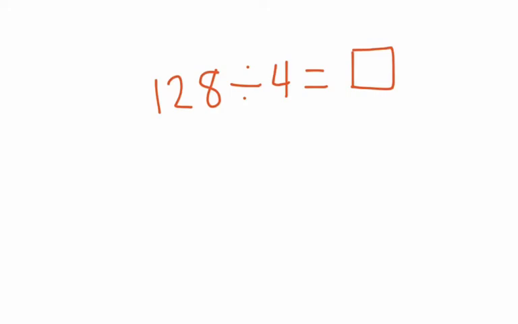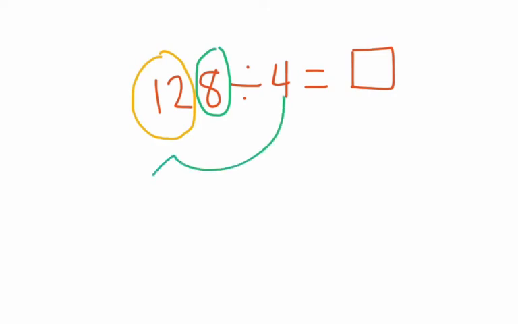So I can see right here that I have 12 and I have 8. So I'm going to ask myself, how many times will 4 divide into 12 evenly? That answer is 3. How many times will 4 divide into 8 evenly? That answer is 2. So my quotient would be 32.